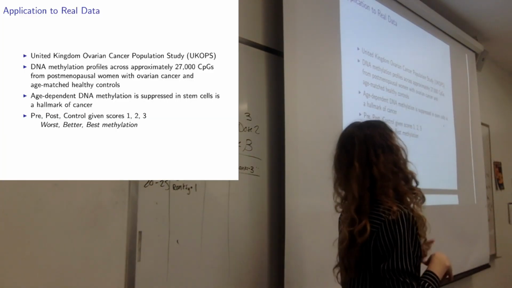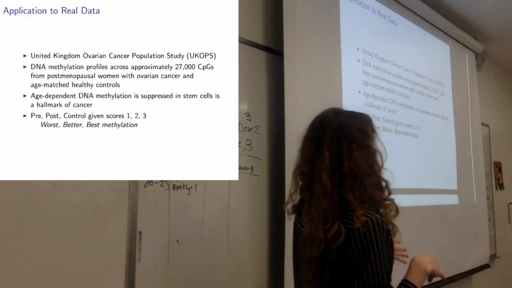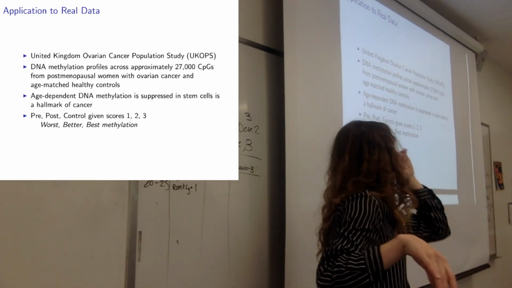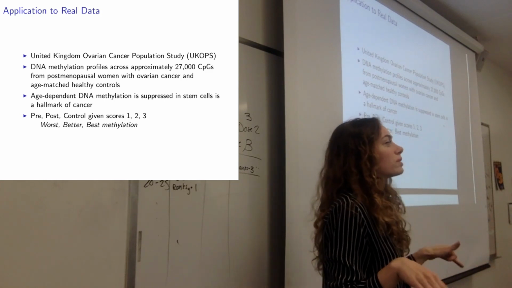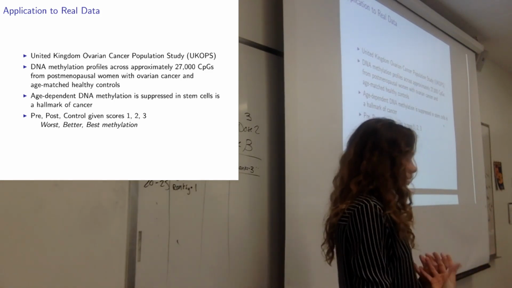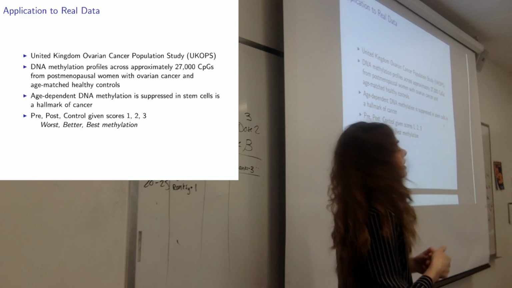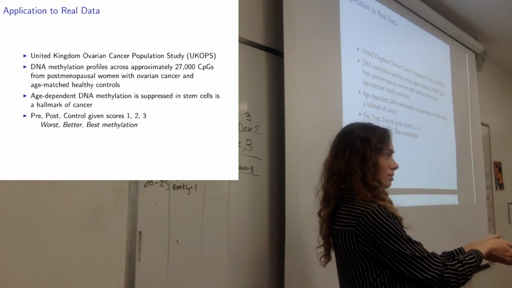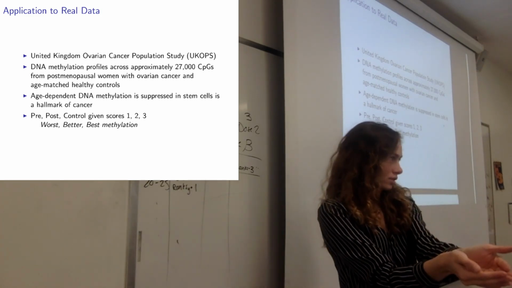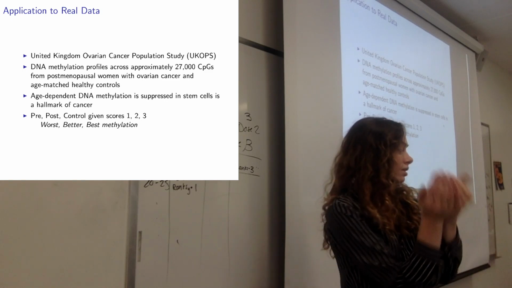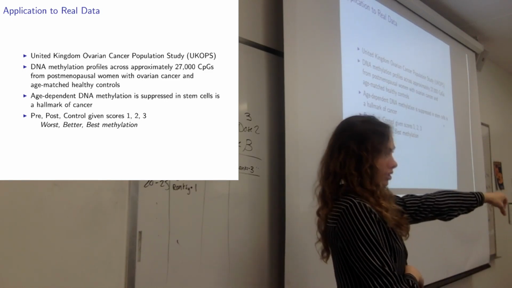And they're looking at postmenopausal women with ovarian cancer, and they match them to healthy controls. The way that they're grouping these people is, of the women that have or had ovarian cancer, did they receive treatment, or are they in the stage where they haven't received treatment? So pre-treatment, post-treatment, healthy age-matched controls.